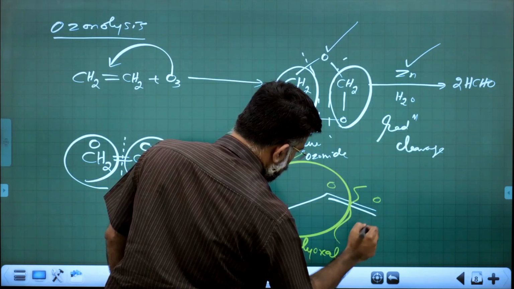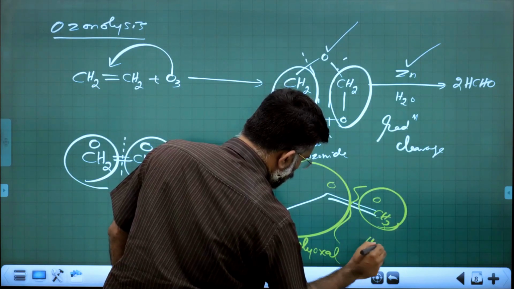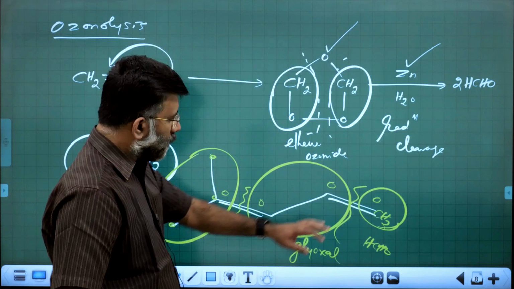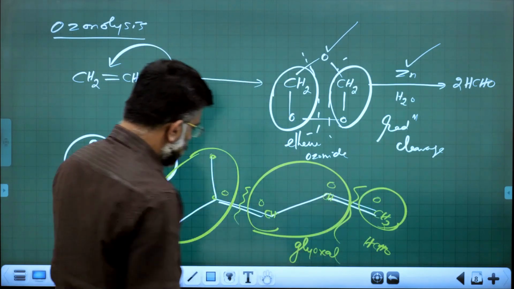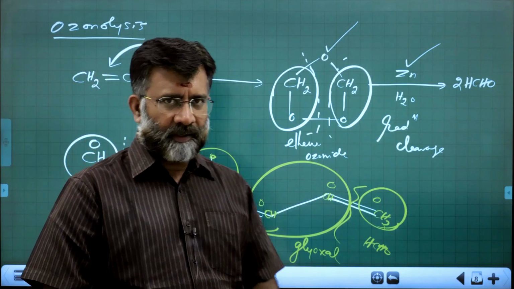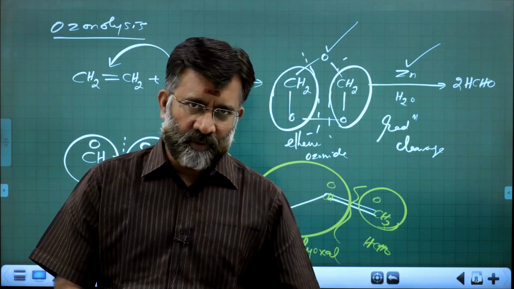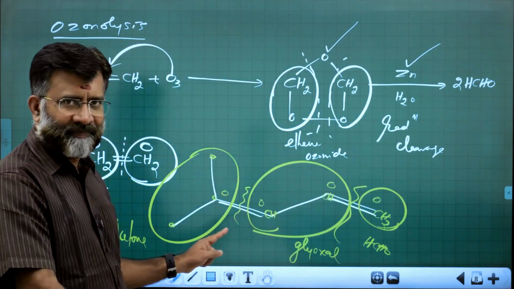Here one oxygen, formaldehyde, HCHO. So you get 1 mole formaldehyde, 1 mole glyoxal, and 1 mole acetone. So if you are getting 1 mole acetone, 1 mole glyoxal, 1 mole formaldehyde, it could be this alkene.